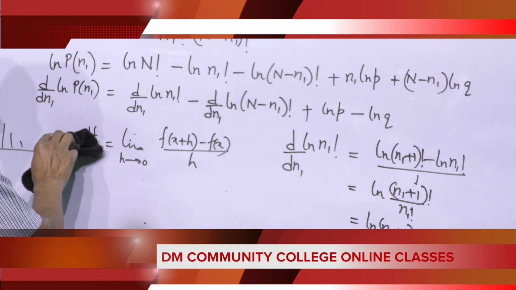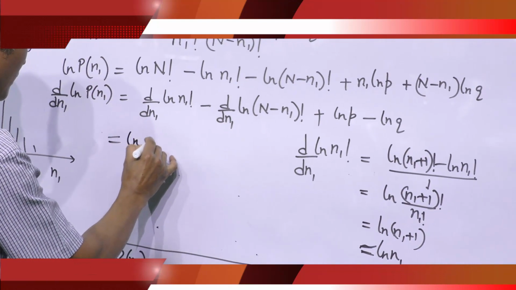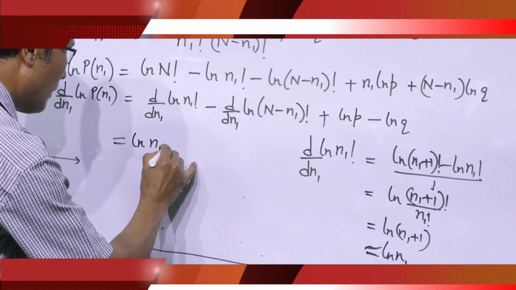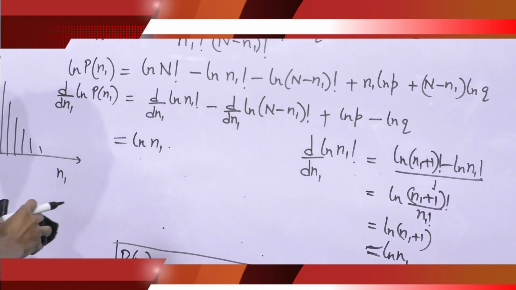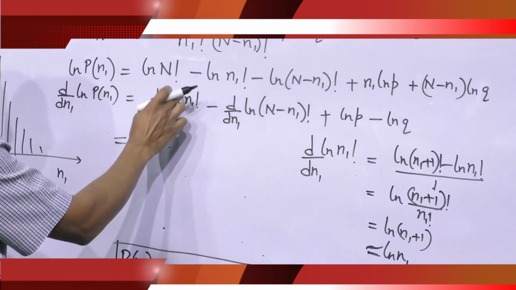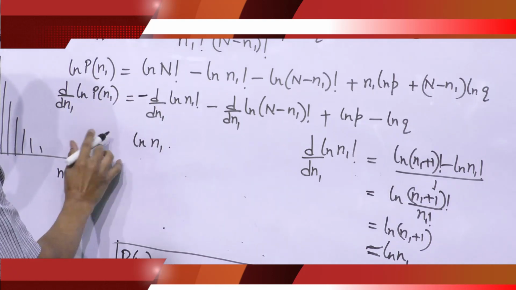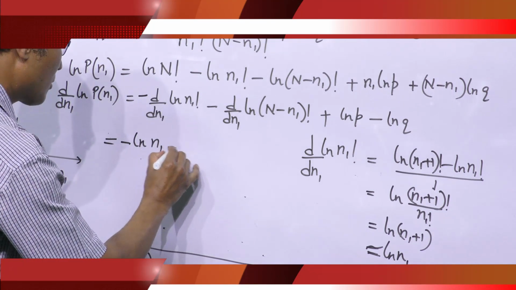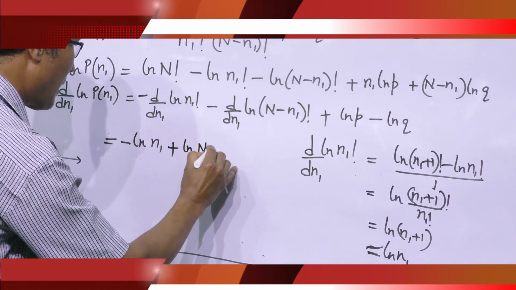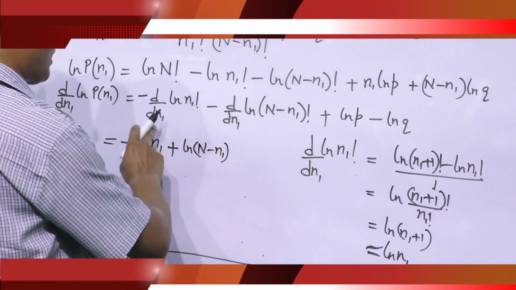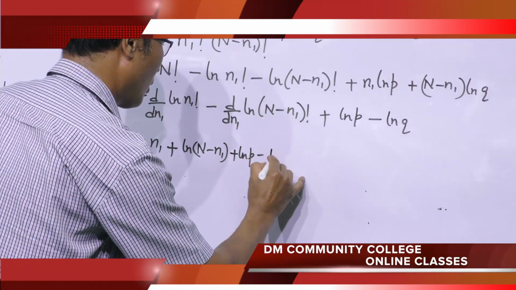So I can remove this and write it is equal to minus log of n1, because there is a minus here, so it must be minus, plus log of (n minus n1), and then plus log of p minus log of q.